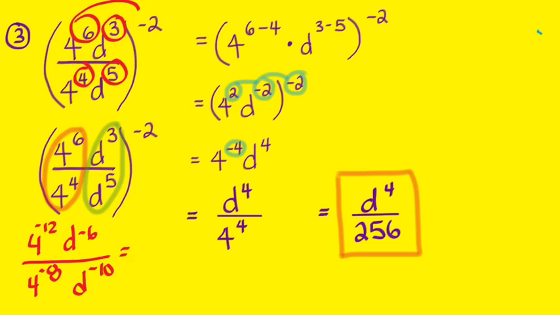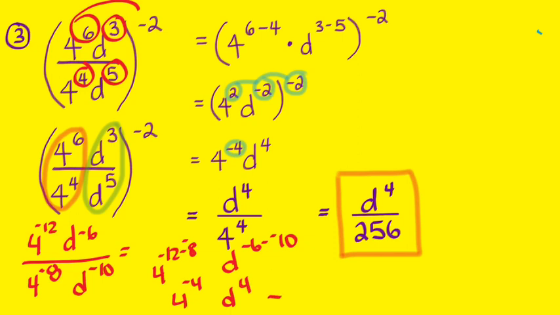I'd have 4 to the negative 12th minus negative 8th, right? And then, minus a minus, I would end up with 4 to the negative 4th. And then I have d negative 6 minus a negative 10, which gives me d to the 4th.